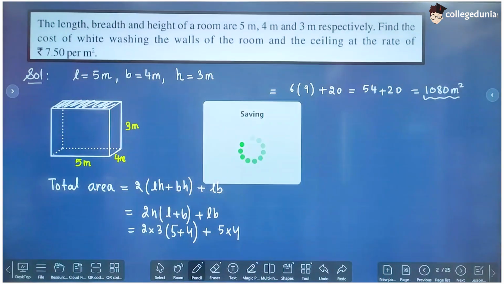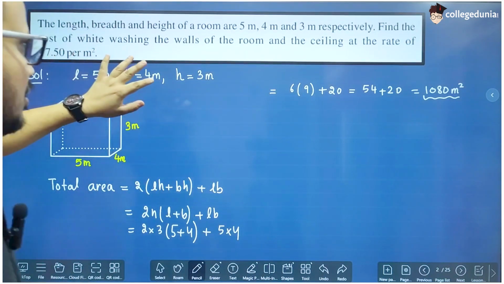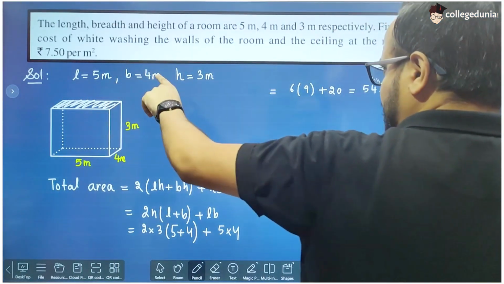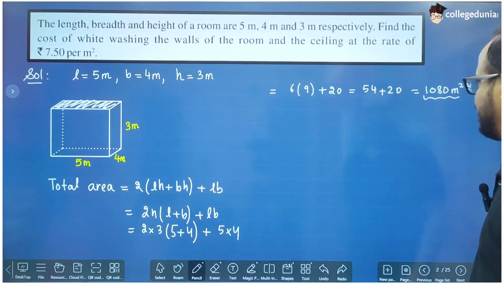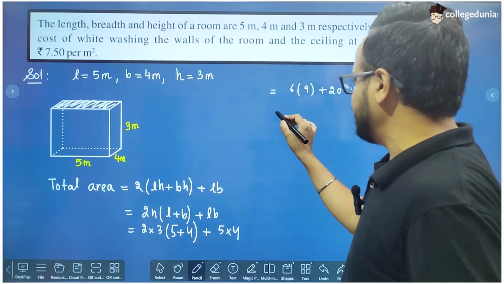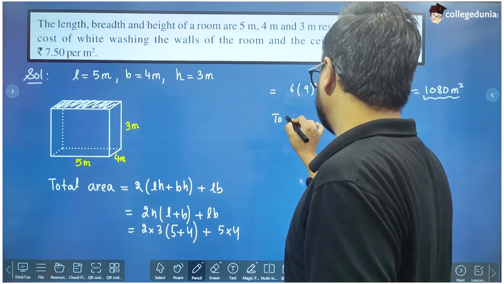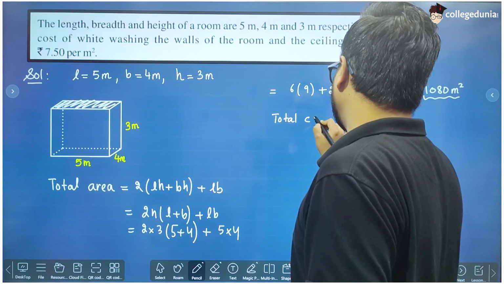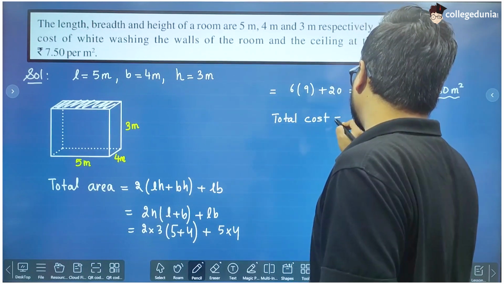The area to whitewash is this, the cost of whitewashing per meter square is rupees 7.50, and this is the total area. So total cost is what?